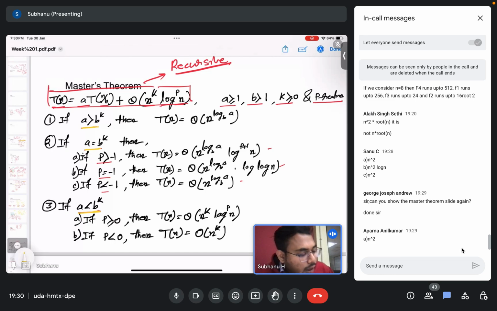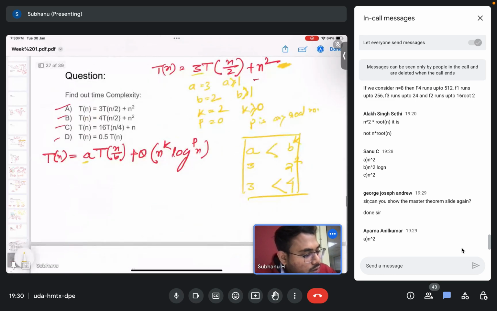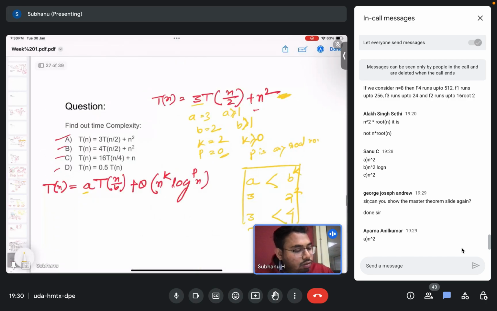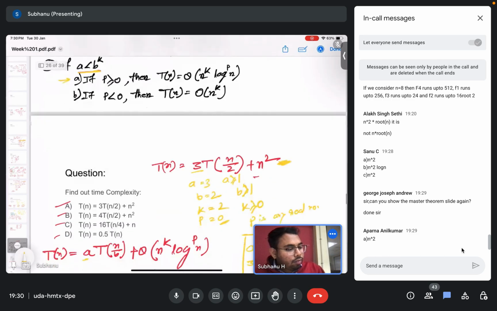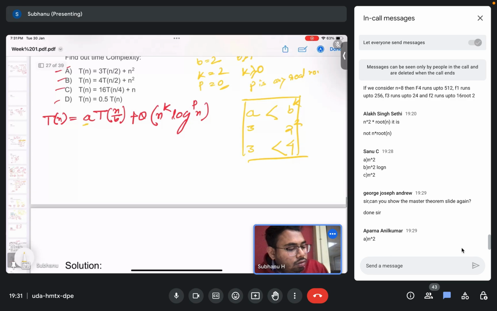Now we have to check the value of p. We did not have any p here. P is 0, so we are falling into condition 3a.